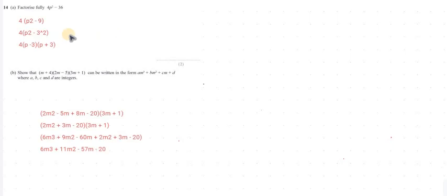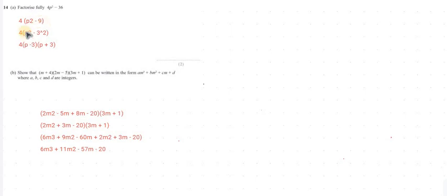Okay, so factorize fully 4p squared minus 36. First things first, there's a common factor between 4p squared and 36, that's 4, so I take that out, and I have p squared minus 9.